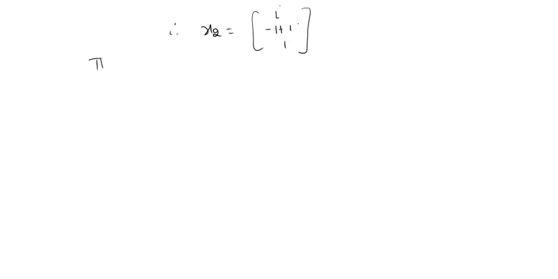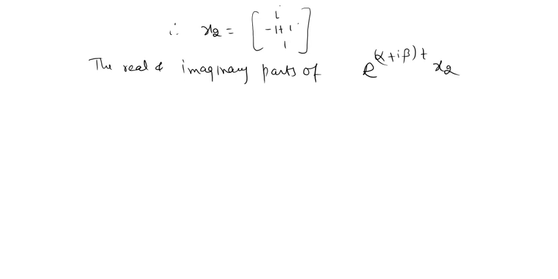Now write the real and imaginary parts of e^((alpha plus i beta) t) multiplied by the eigenvector x2.